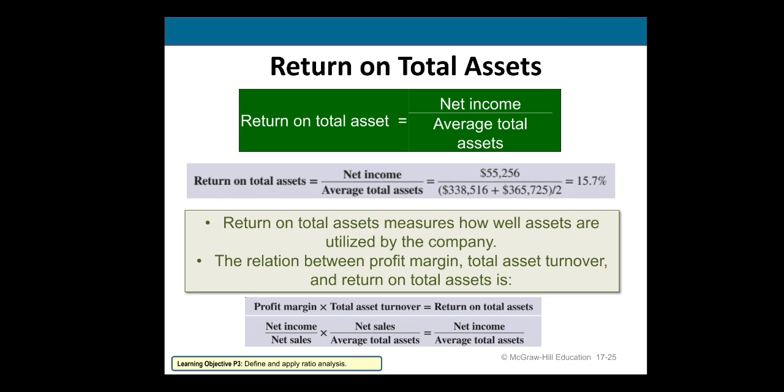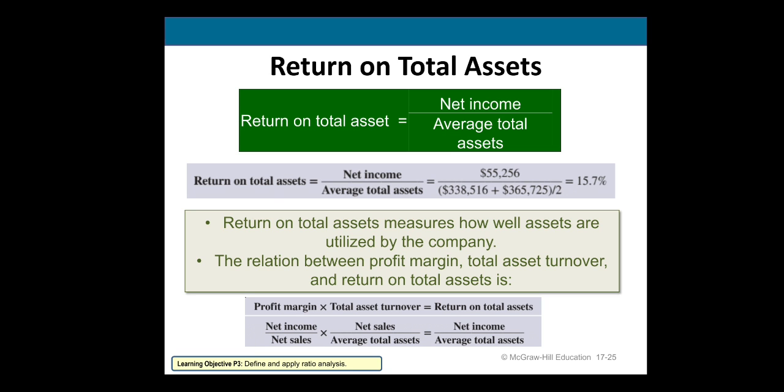The ending total asset is the total asset at the end of the current accounting period. The beginning balance of the asset is the ending balance of the previous year total asset.